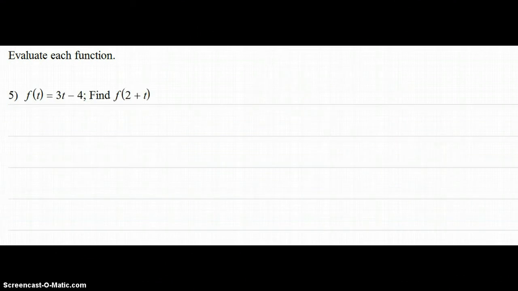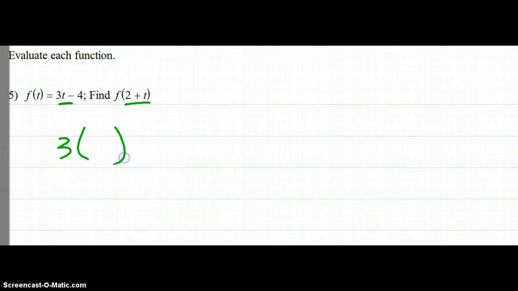Now the harder problems on the ACT will not have number values, but they'll have a variable. And again, how would we find the value of 3t minus 4 at this number?